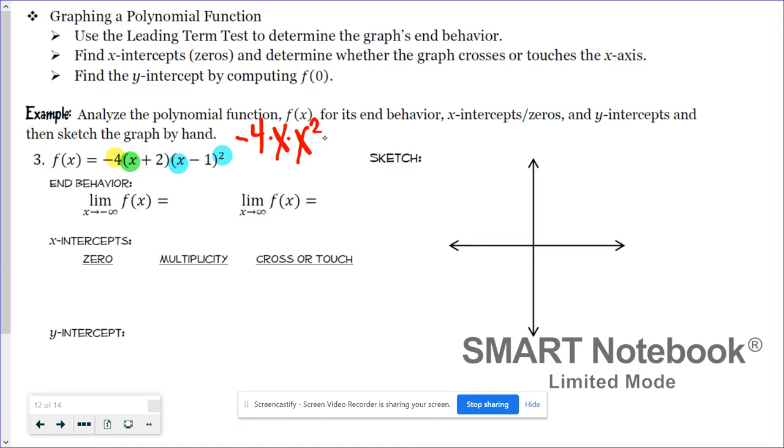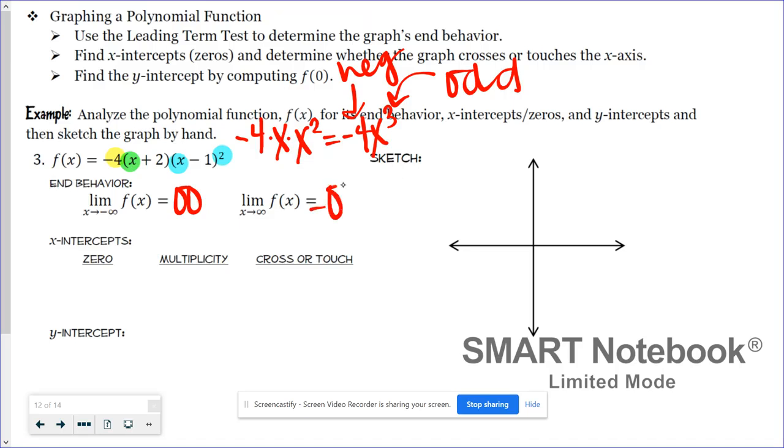The answer is negative 4x cubed. So that's my leading term. This leading term is odd degree, and it's negative. And all odd negative polynomials have an end behavior on the left of positive infinity, and on the right of negative infinity.